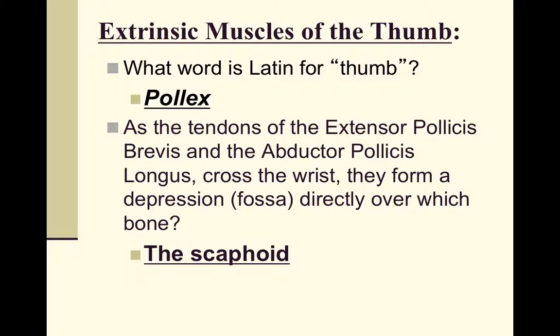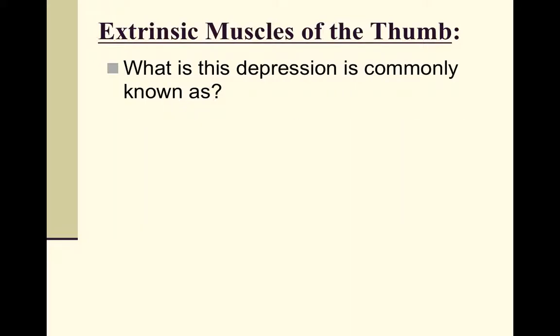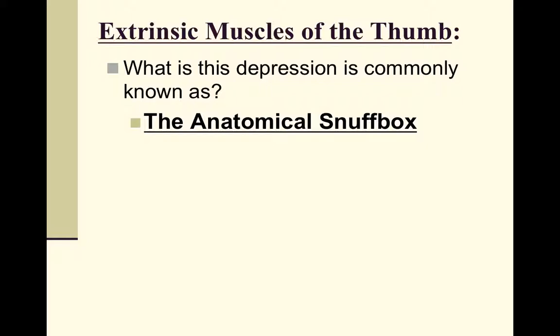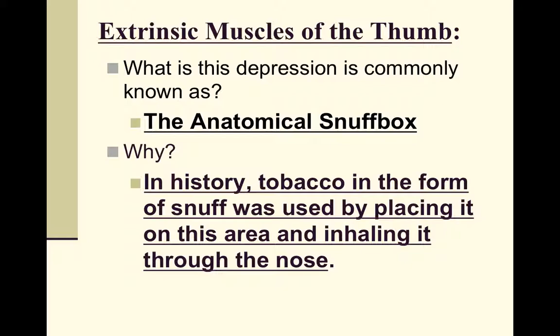Definitely want to know that. Okay, the depression there is called the anatomical snuff box, and as you might guess, it's because historically people that use tobacco would put it in that little space and inhale it through their nose. So there you go.